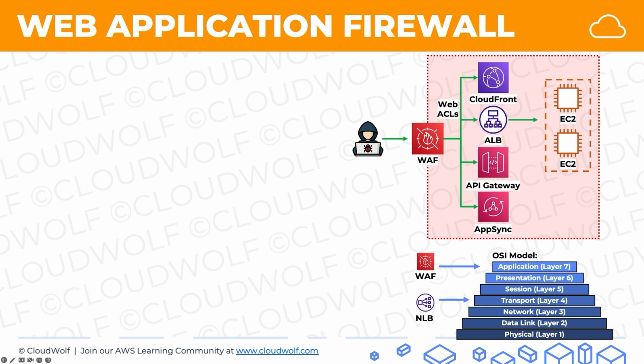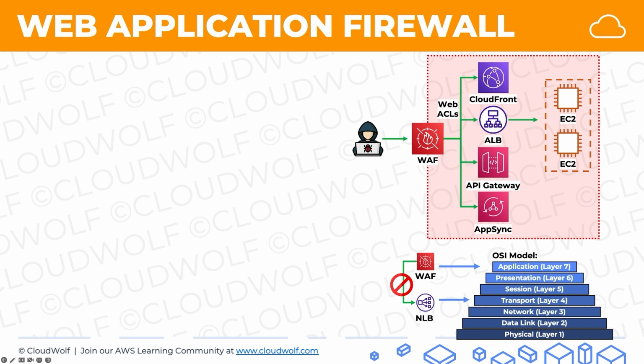So we cannot directly deploy WAF, the Web Application Firewall, on the network load balancer because they are at 2 different layers. The Web Application Firewall can only be deployed at the services that operate at layer 7, the ones listed over here. So that's a trick question to look out for in the exam.